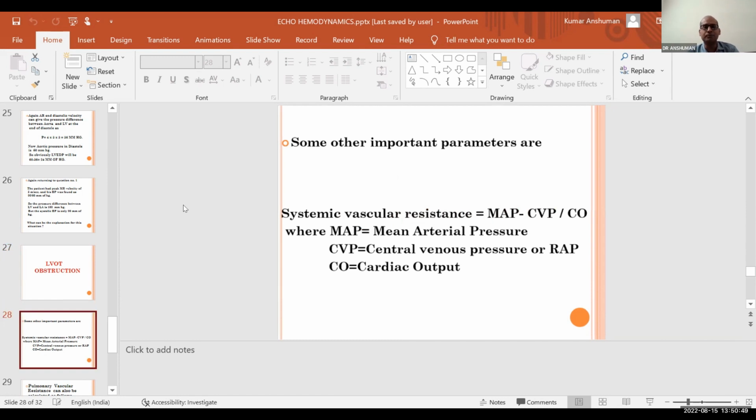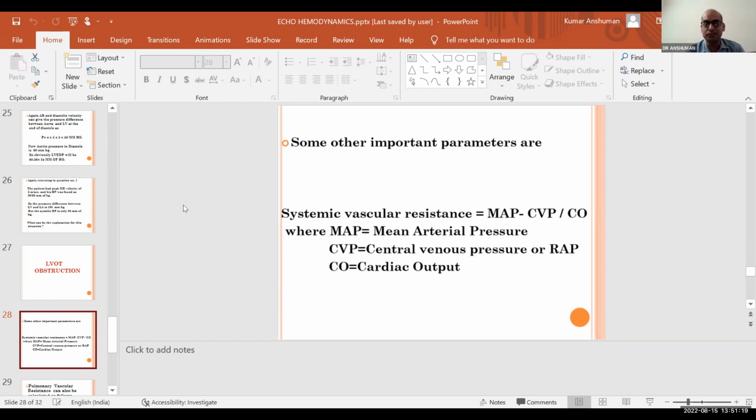Now, just to summarize, another important parameter where you can use hemodynamics is systemic vascular resistance. Many times in critical care, you need to understand the systemic vascular resistance, because with this you have to decide about the inotropes, the dosing and choice of the inotropes, and the response of the antibiotics to the sepsis.